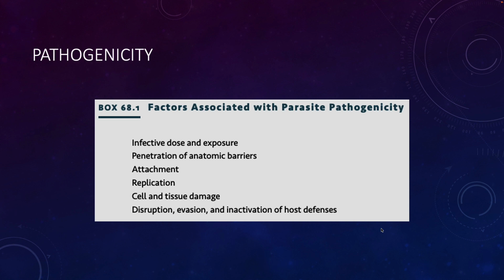Was there ingestion or injection of a lot of parasite? Was it 1 or 2? How is the parasite able to get into the body? Can it attach? Can it replicate? What type of cell or tissue damage can it cause? And how can it evade the immune system? So all of those factors work together to cause pathogenicity.